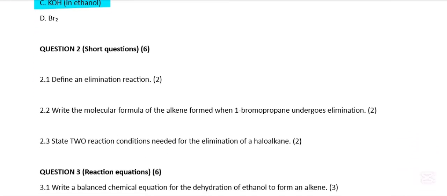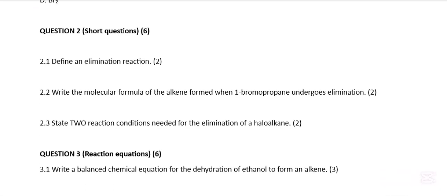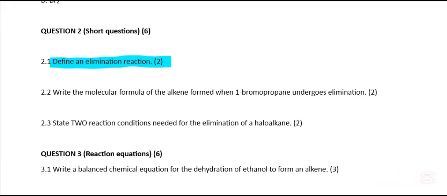Now we are going to do question number 2. Let's define an elimination reaction. An elimination reaction is a reaction where we remove small molecules from saturated organic molecules to form unsaturated compounds.